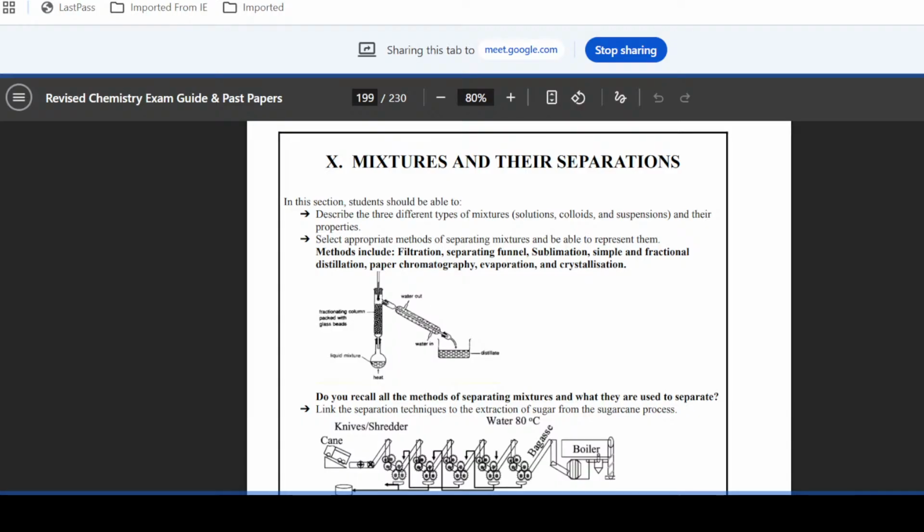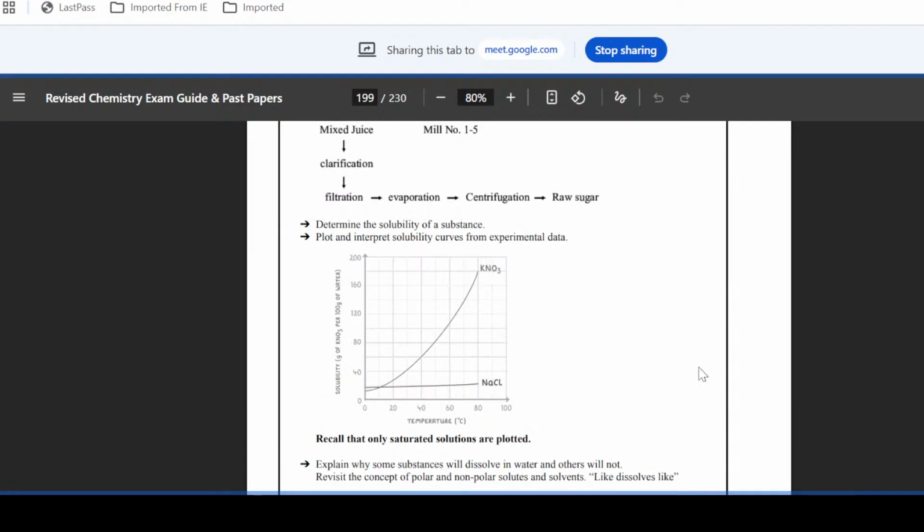All right. Solubility is another thing that can be tested. It's usually number one if you get a solubility curve. So you should know how to interpret the solubility curve and how the solubility is affected by temperature. Some substances are influenced more, or the solubility varies more with temperature.